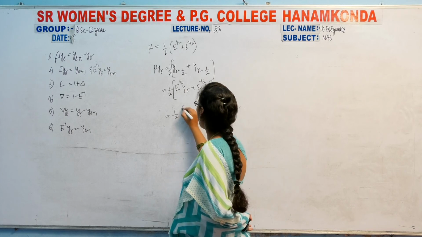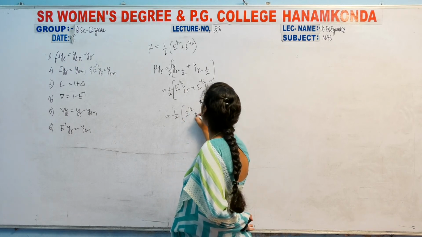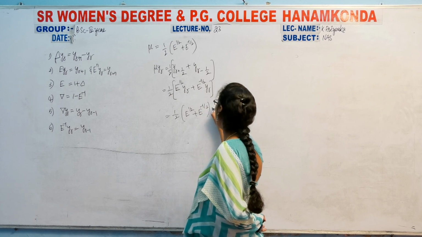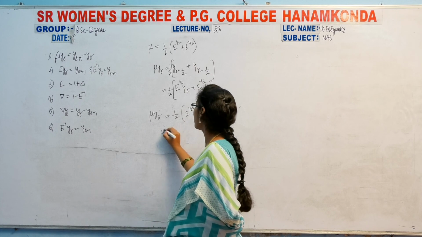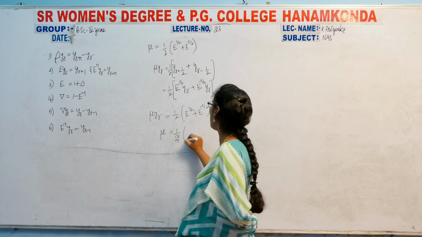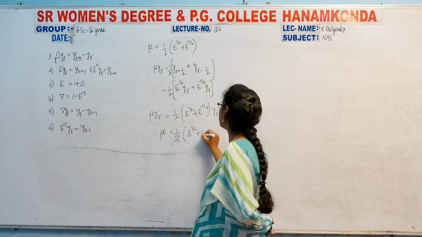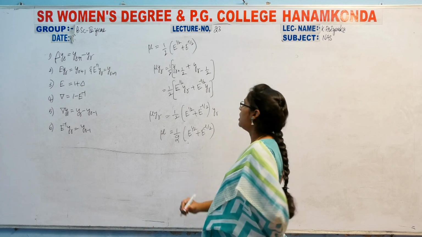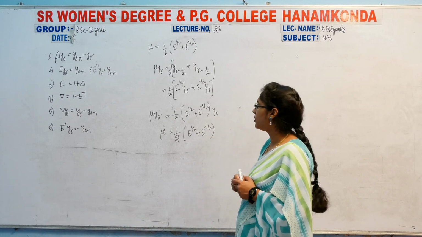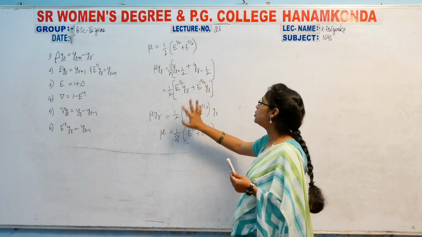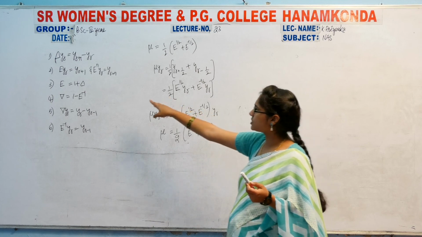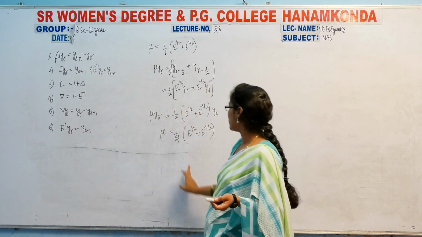Now 1 by 2 of E power 1 by 2 plus E power minus 1 by 2 of y r. Now mu y r gets cancelled. Mu is equal to 1 by 2 of E power 1 by 2 plus E power minus 1 by 2. Actually here the averaging operator mu y r is equal to half of the sum of these two. So simply here I use the formula of this shifting operator, and directly I have the result.